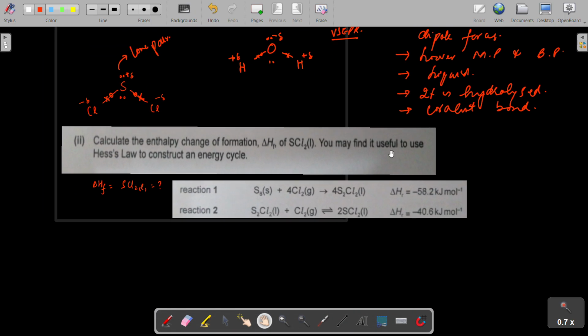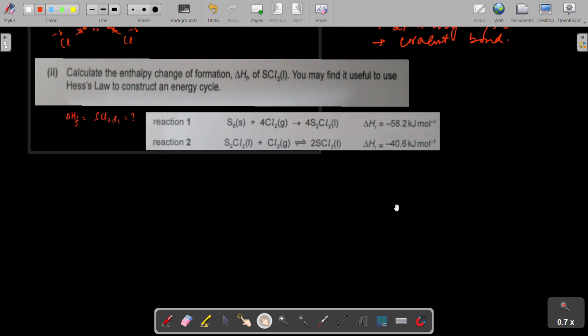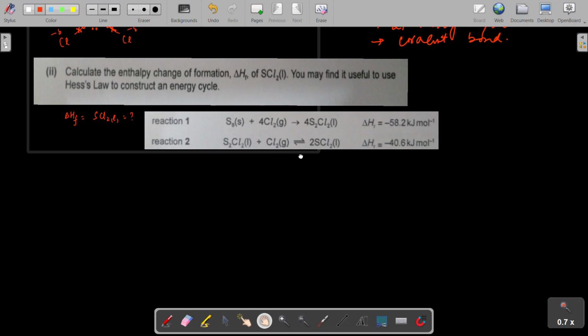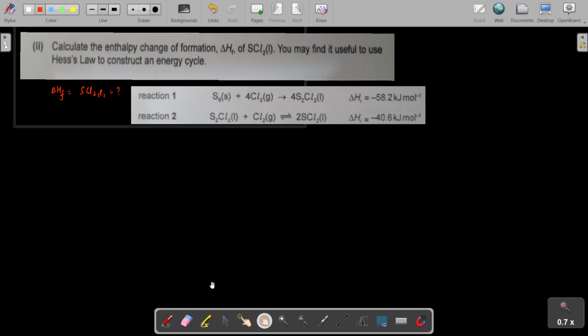Now the next part of this question is this. They are saying calculate the enthalpy change of formation of SCl2. You may find it useful to use Hess's law to construct an energy cycle. Now here these two reactions are given.